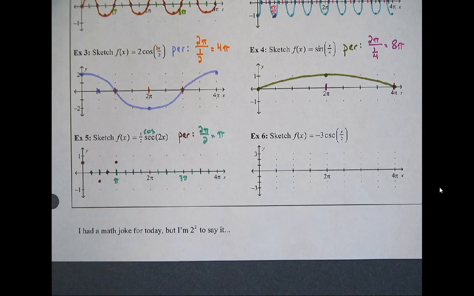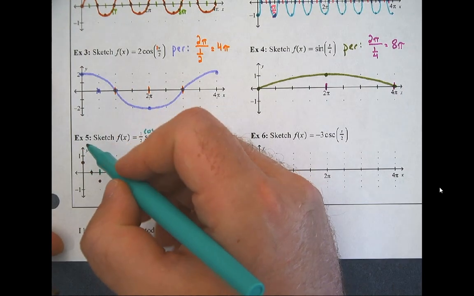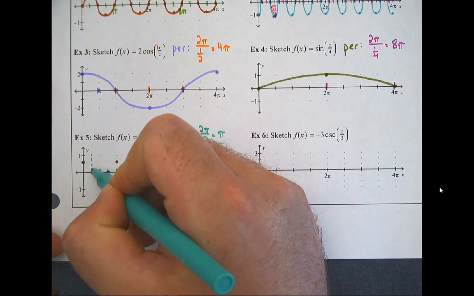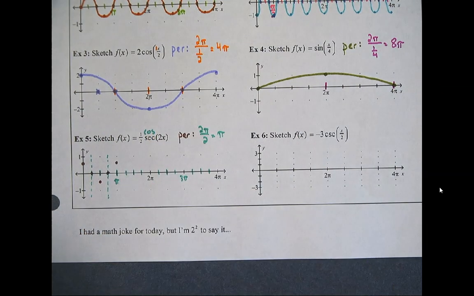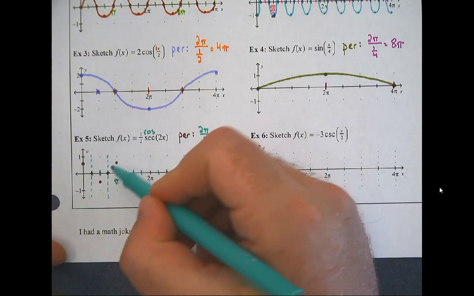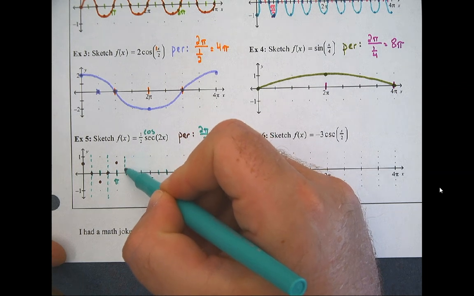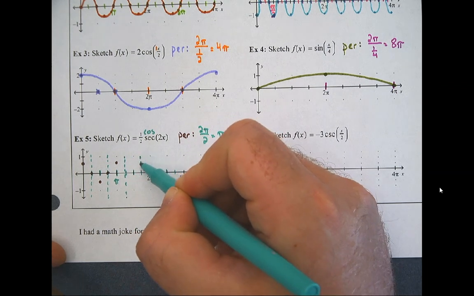Now, don't forget, you have to reciprocal this. This is not the graph of cosine. This is the graph of the reciprocal of cosine. So then these are going to turn into asymptotes because they have a y value of 0. So point, then asymptote. I'm going to just sketch all my asymptotes now.